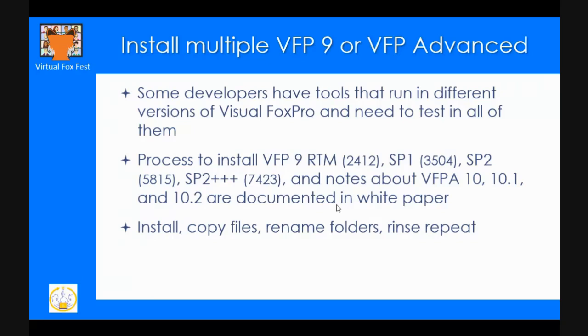So there's a process that's documented in the white paper that you can install VFP9 build 2412, which is RTM, and then make a copy of that and then install Service Pack 1 to get 3504, Service Pack 2 to get 5815, and then Service Pack 2 plus plus plus, which is my nomenclature for Hotfix 3, to bring you up to 7423, which is the latest build of Visual FoxPro 9 with all service packs and hotfixes applied.